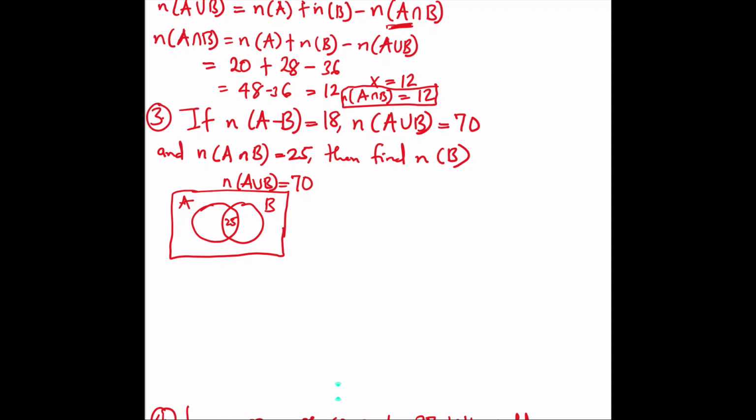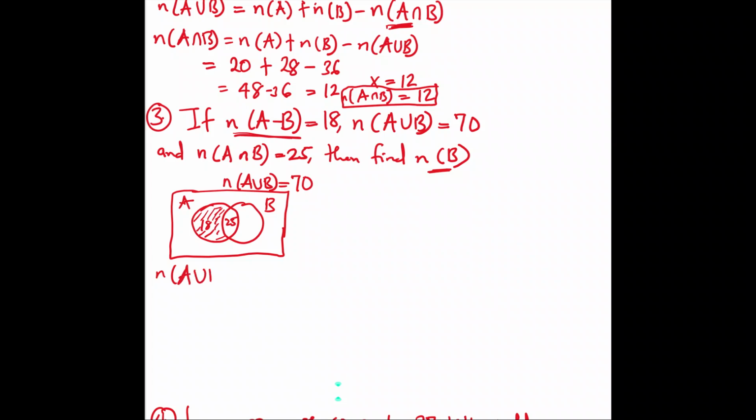So this part is 18. What is in A but is not in B is 18. That's what this part represents in the question.